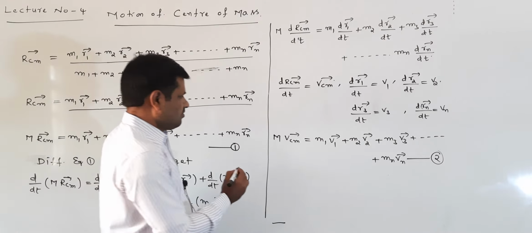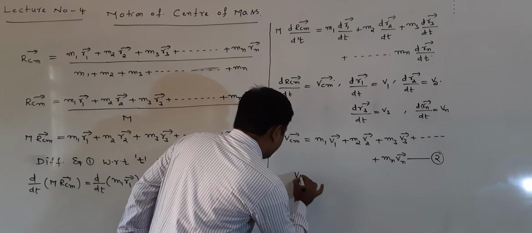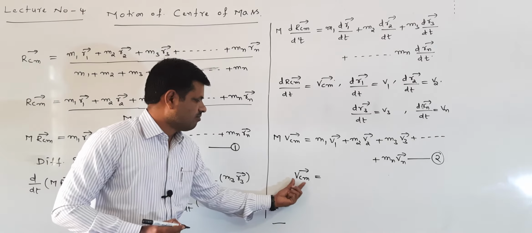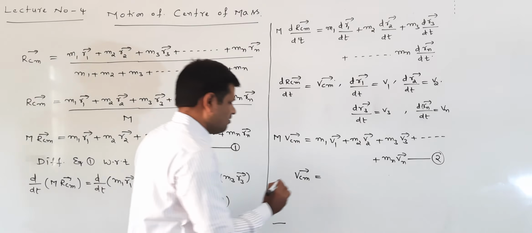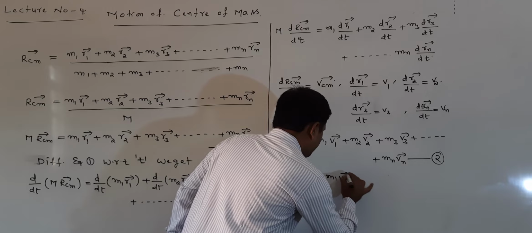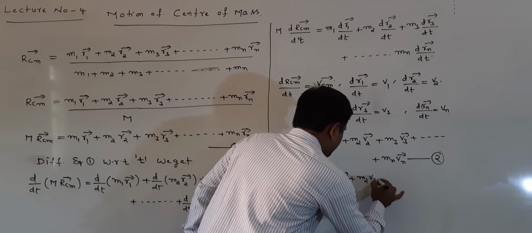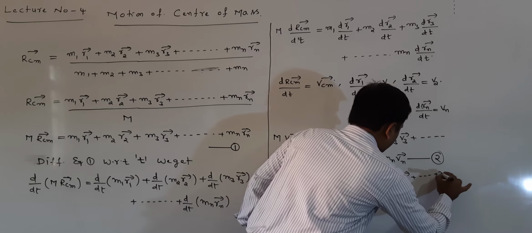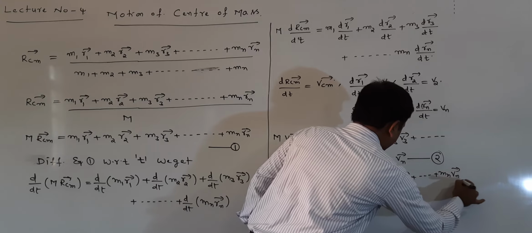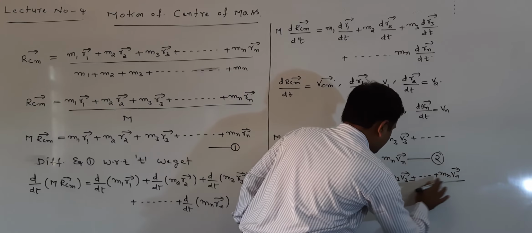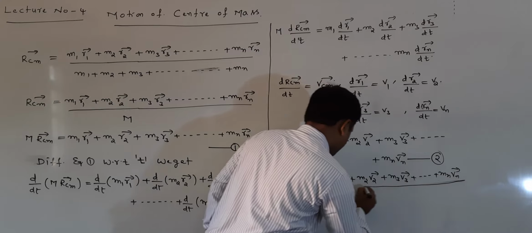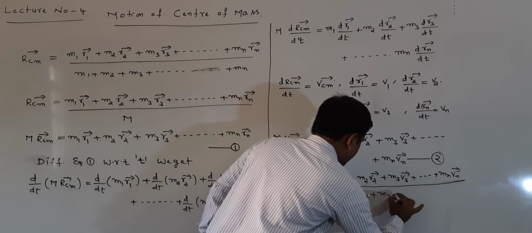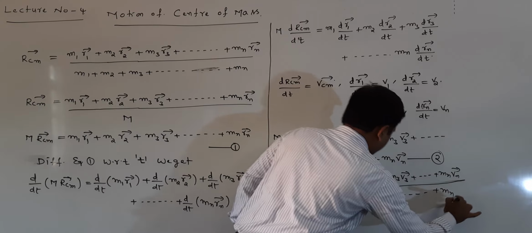Now from this velocity of center of mass formula, Vcm bar, the velocity of center of mass, is equal to m1 v1 bar plus m2 v2 bar plus m3 v3 bar plus so on mn vn bar, divided by the total mass m1 plus m2 plus m3 plus so on plus mn.